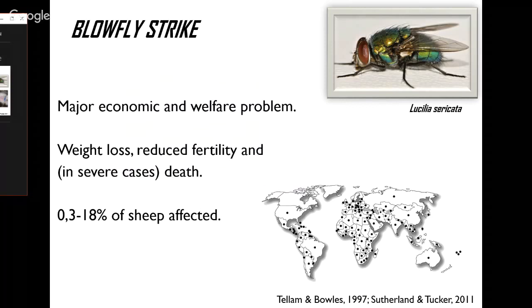And the key thing here is that this consideration has to be done on a flock-by-flock basis. So the importance of blowfly strike is different depending on where in the world you are, obviously, but even within a given geographic area, the severity of the problem may be very different among flocks.